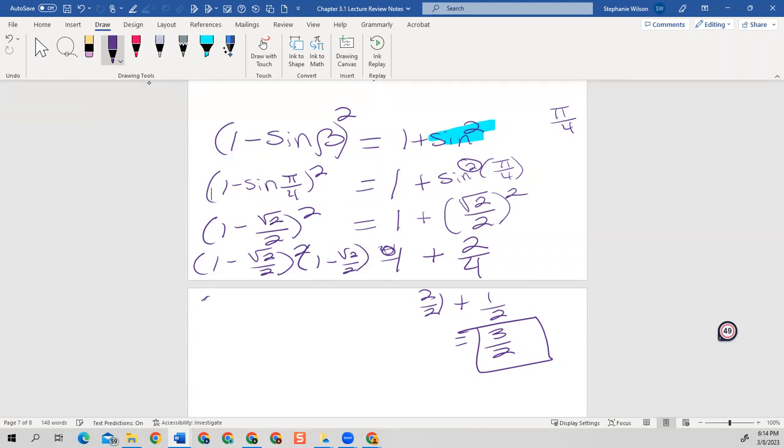So now I got 1 times 1 plus a negative or positive 1 times a negative square root 2 halves. No, we can't do that because of the minus sign. Yeah, we can. I'm overthinking it. Plus 1 times that negative square root 2 halves.